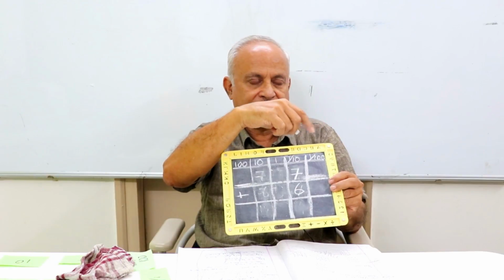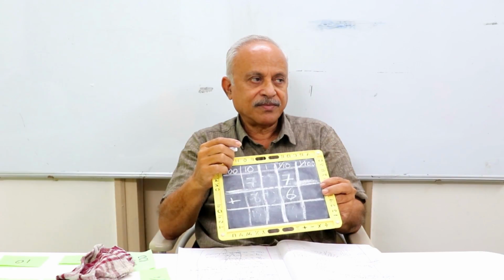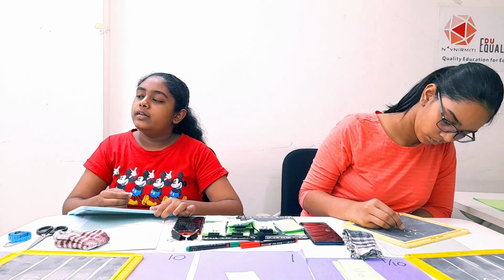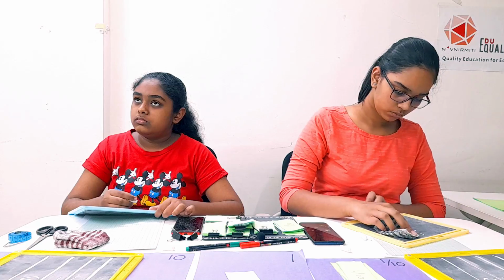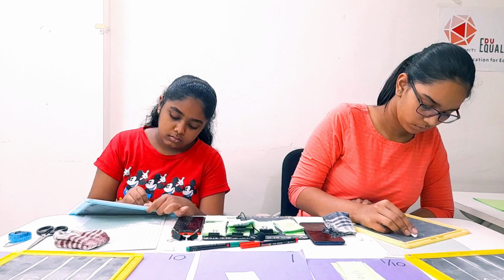Keep that slate there and write this problem. So what is this number 7 in the house of? 1 by 10. How will you write it using a decimal point? 0.7. Write it.